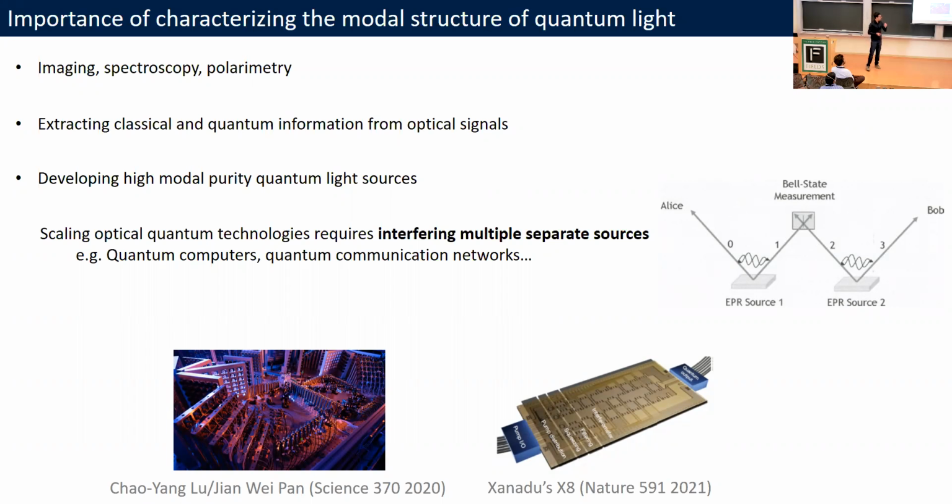Okay, and the quality of that interference will dictate the quality of the entanglement swapping. Of course, this depends on how indistinguishable the photons are, but it also depends on the modal purity of the photons. So I can have two photons which are in modal mixtures, but are indistinguishable from one another, and they won't interfere well. So you really have to be careful when you're characterizing your light.